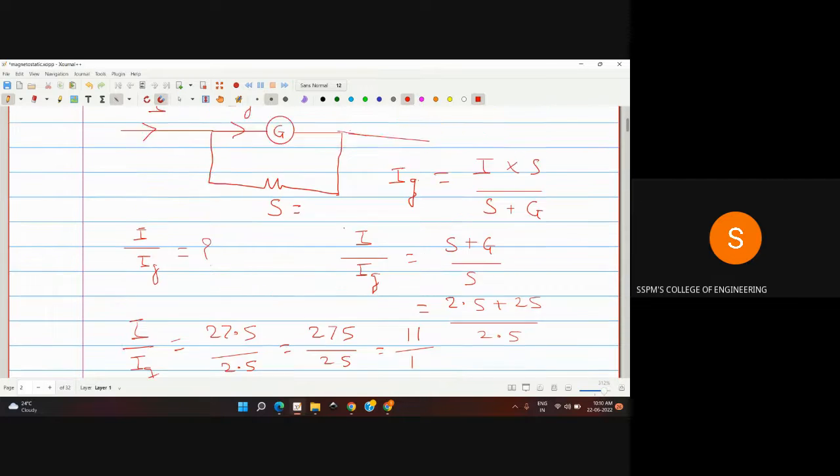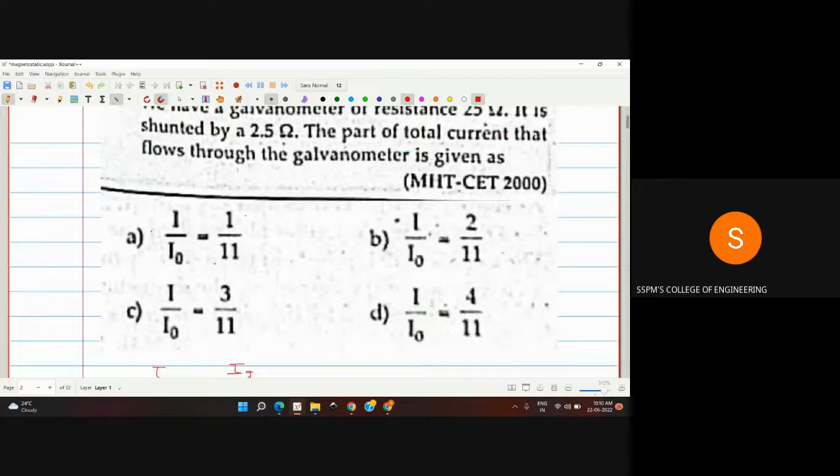Now check out the option. The first is I upon I0. I0 म्हणजे हे गॅलॉनमीटरचं करंट आहे. You can consider as Ig also. एक मिनिट, सॉरी, हा जो करंट आहे हा गॅलनमीटरचा करंट आहे आणि हा टोटल करंट आहे.